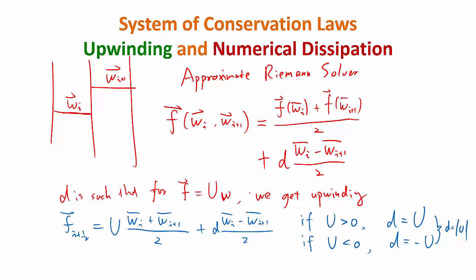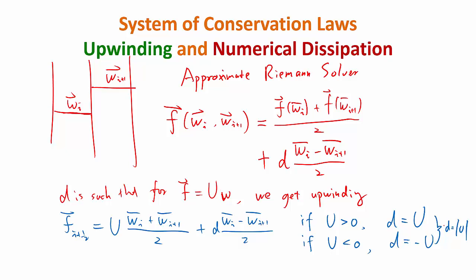This generalizes to the case where F is not just equal to U times W. It actually generalizes to the full case where F depends on W in a very complex way, but as long as we can compute the Jacobian of F with respect to W, we know the various eigenvalues of this Jacobian, which gives us how fast the wind is blowing in different directions.